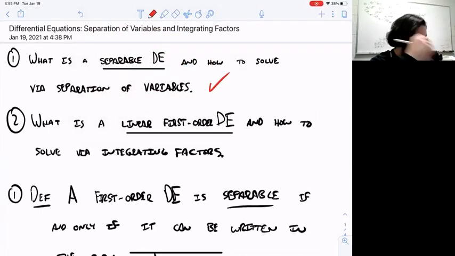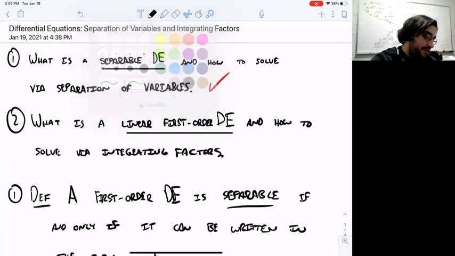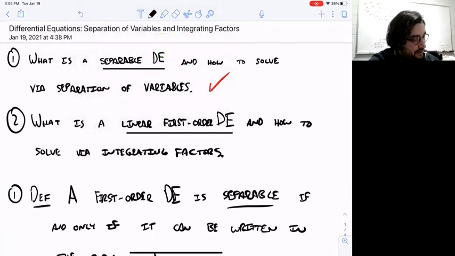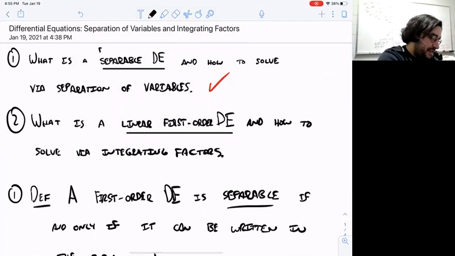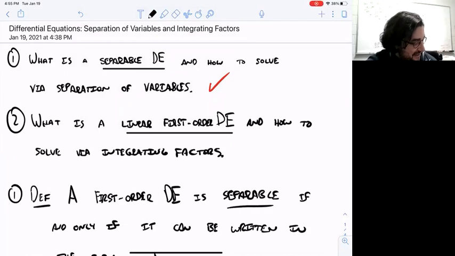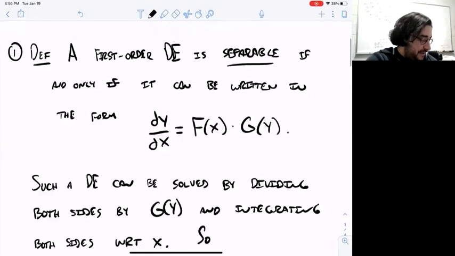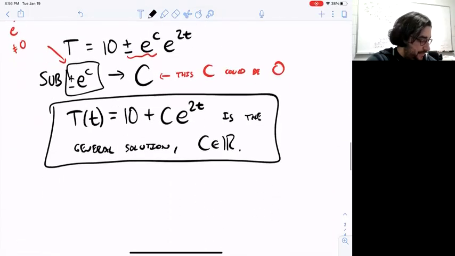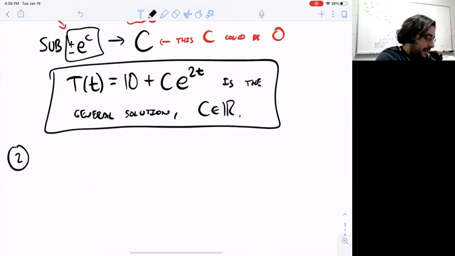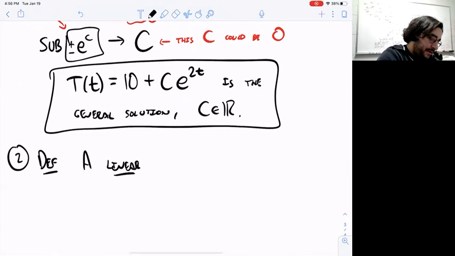Then I want to also define a linear first order differential equation. They're all first order, right? In this part of our discussion, but linear, we haven't defined linear yet. So let's look at that now. So part 2, let's look at a definition, right? We want to define a linear first order DE.